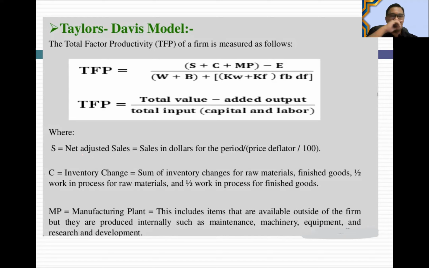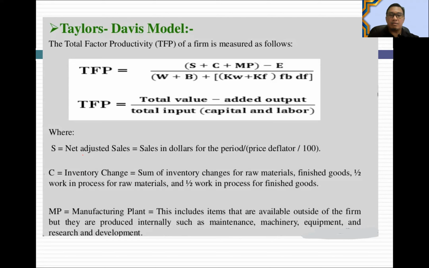S is the net sales. C is the inventory change. MP is manufacturing plan. So net adjusted sales is sales in dollars for a particular period divided by the price deflator, divided by 100.